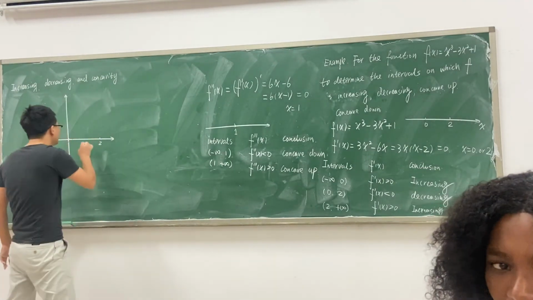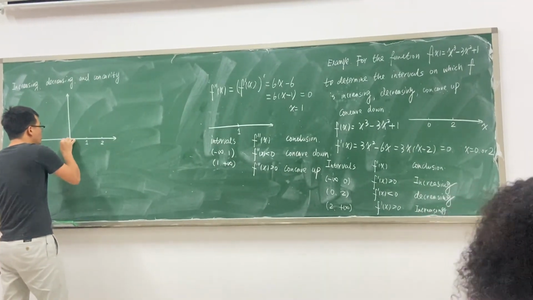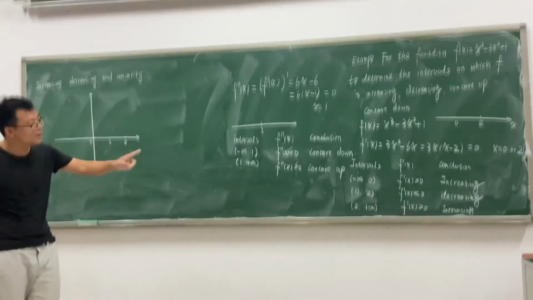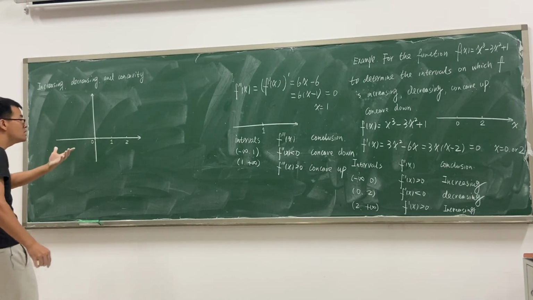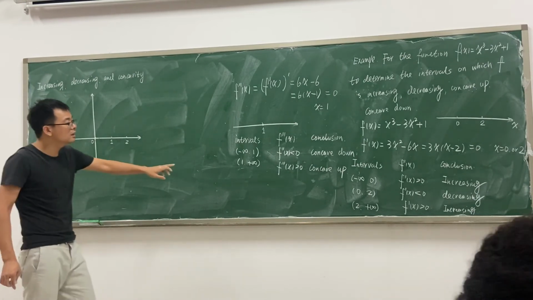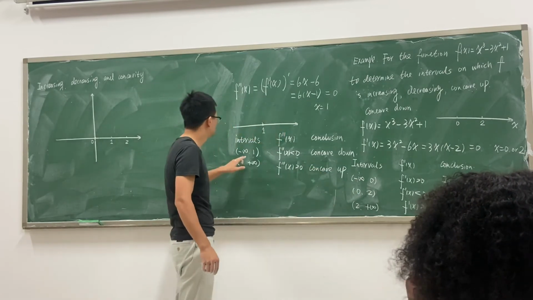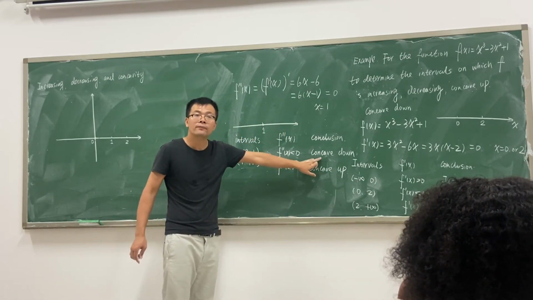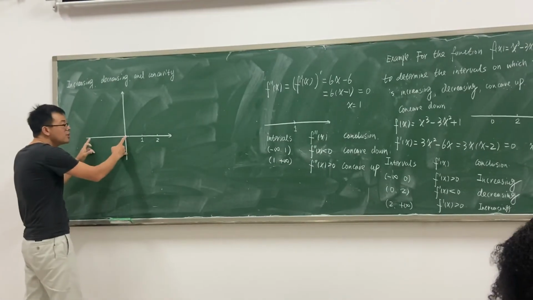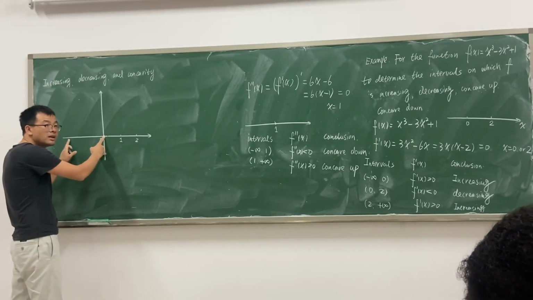These 3 points. First, from minus infinity to 0, the function is increasing, and in this interval it is concave up or concave down? We can see concave down. So here it is increasing and concave down.